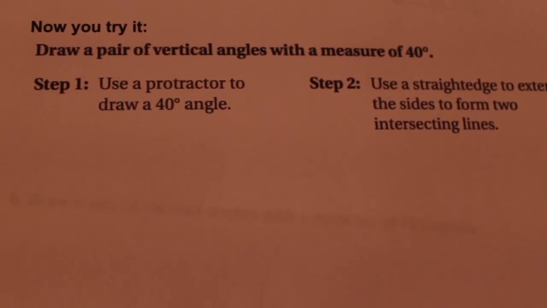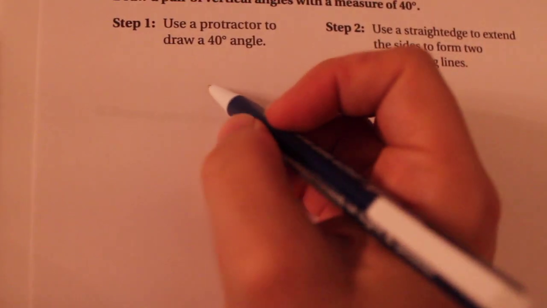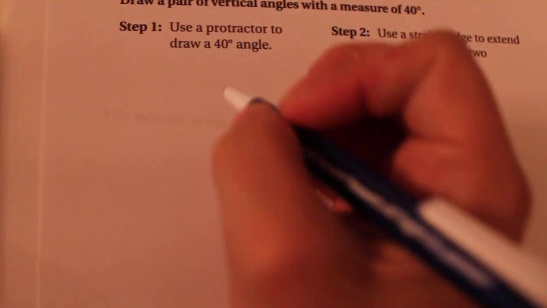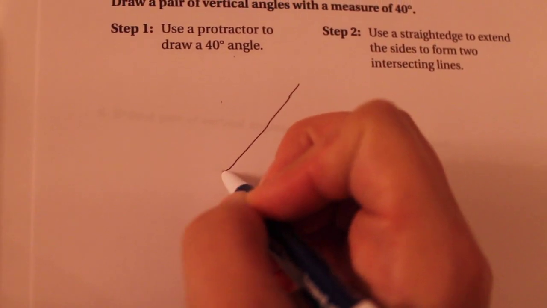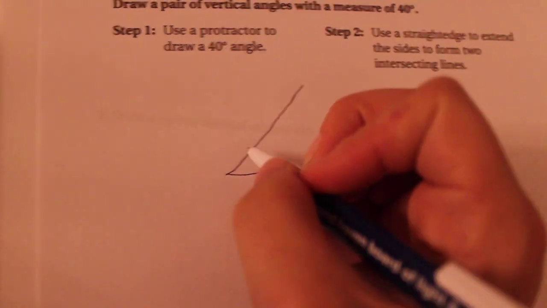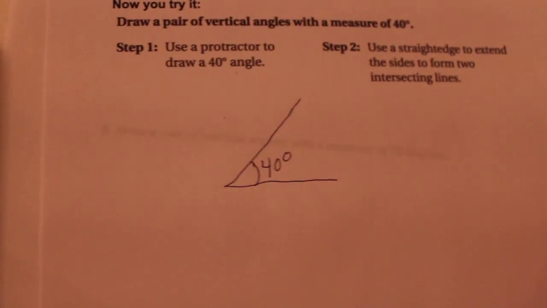Please pause the video and work on your problems. So using a protractor, you need to measure out your 40-degree angle. Make sure you mark it just like this.